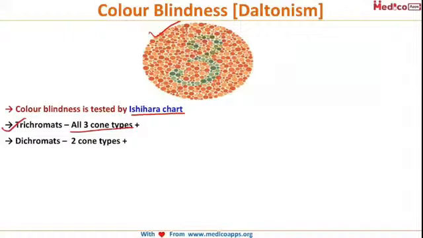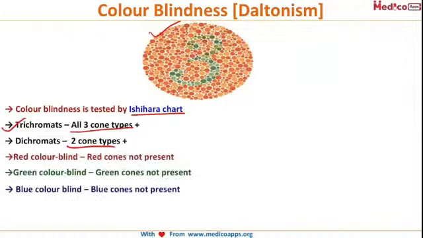Then dichromats, only 2 types of cones are functional. Now, in red color blind people, it's obvious that the red cones are absent. So, in green and blue, the green and blue cones are absent respectively. In whatever color blindness, that colored cones are absent. Please remember this. And now, monochromats means there is only one type of cones.